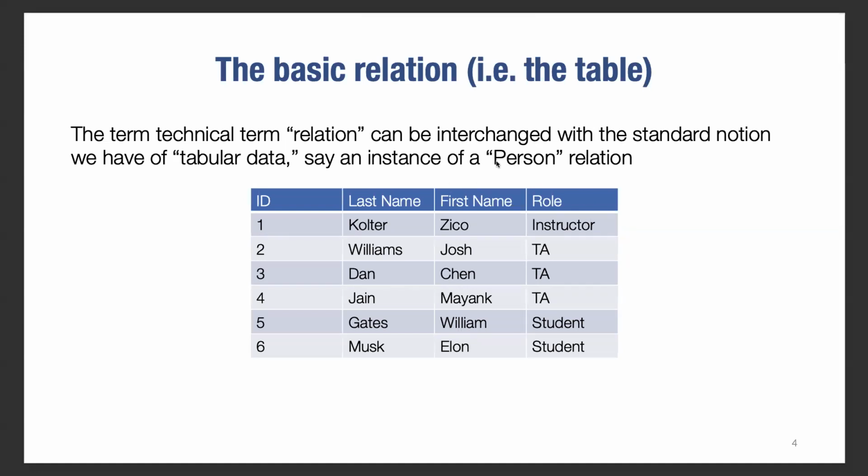In this example of a person relation, this person is also known as an entity when you're talking about relational data. And each of these fields, they are called fields or columns. So column ID, column last name, column first name, column role, or features ID, last name, first name, and role, are all attributes of the person relation, of the person entity.